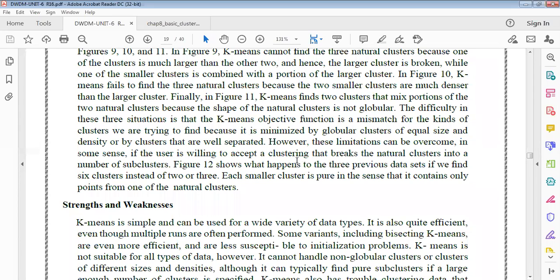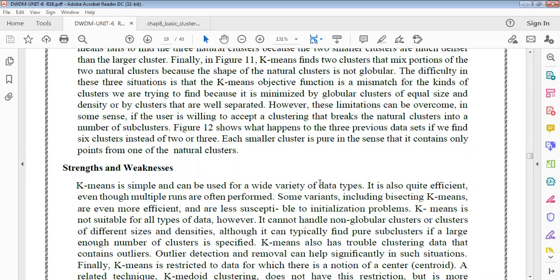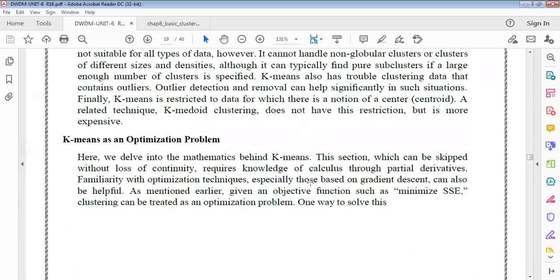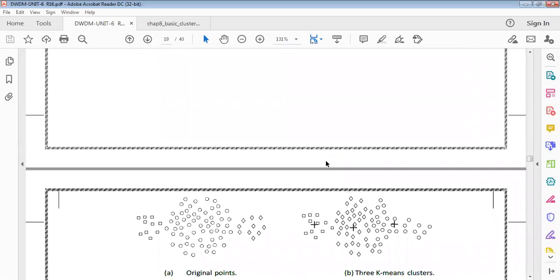Strengths and weaknesses. K-means is simple and can be used for a wide variety of data types, and it is quite efficient, even though it is often run multiple times. K-means is an optimization problem.